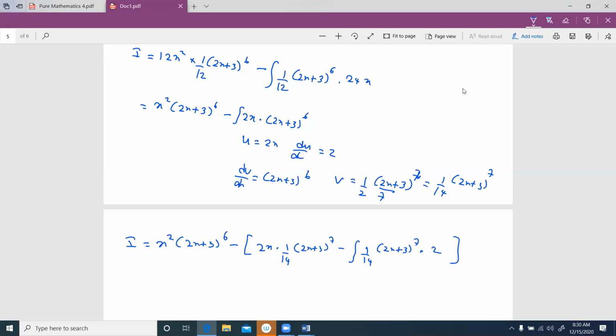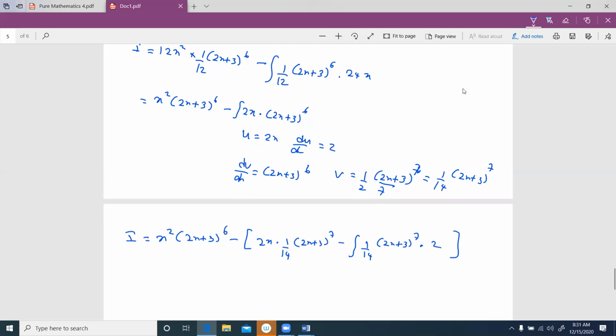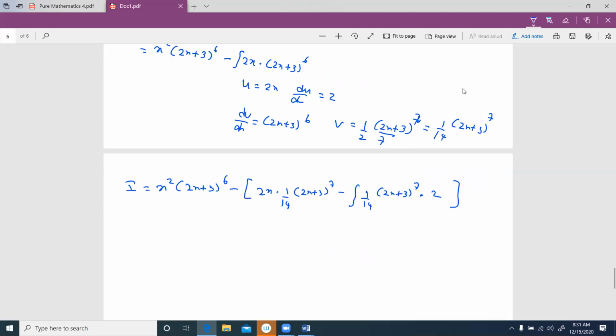Right. Then if you simplify this, what do you get? I equals x squared times 2x plus 3 to the power 6 minus x over 7, 2x plus 3 to the power 7, minus 1 over 7, 2x plus 3 to the power 7.